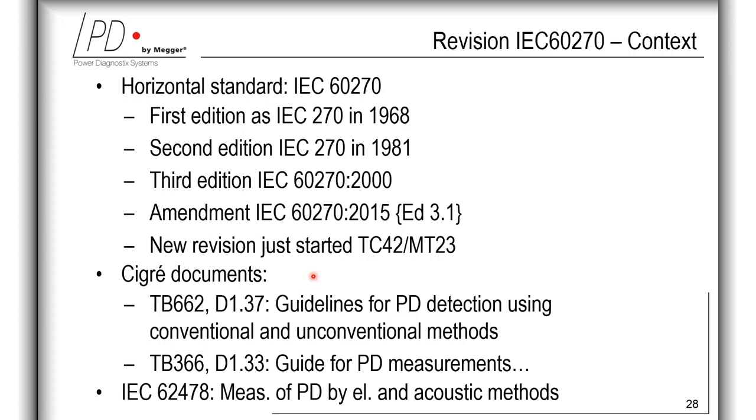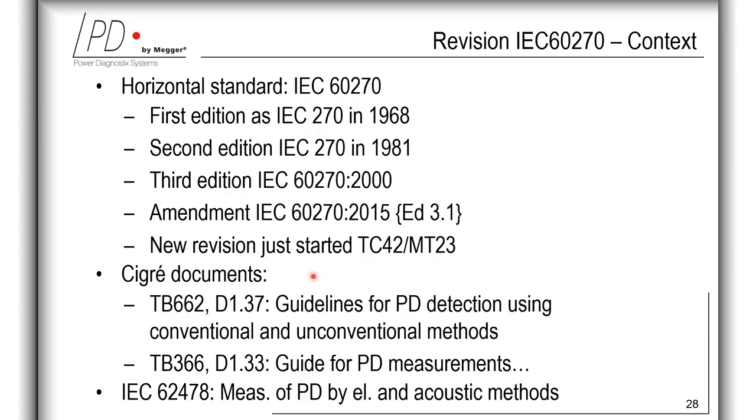Until the revision 2000 in Annex C, it is stated in the standard that a detailed treatment of partial discharge measurements on objects with distributed elements in which traveling wave and complex capacitive and inductive coupling phenomena take place is beyond the scope of this standard. And the new revision has just started, which is called TC42 MT23.